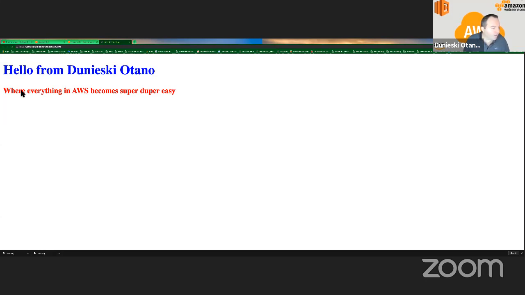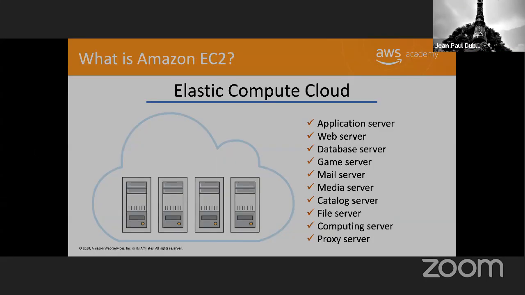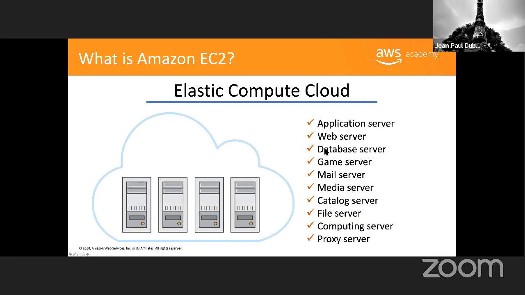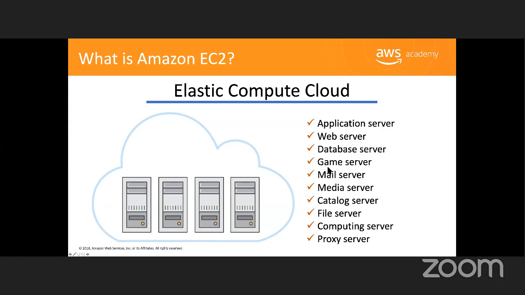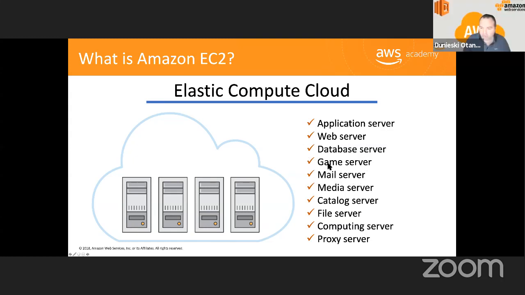My point is that you can create a web server with an EC2 instance. It's right here, web server. You can create an application server, a database server, a game server, a mail server, a media server, a catalog server, a file server, a computing server, a proxy server.